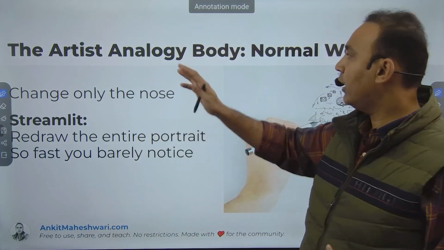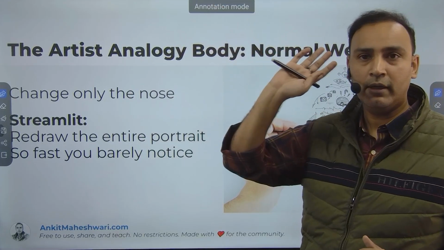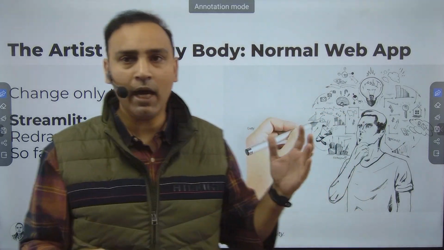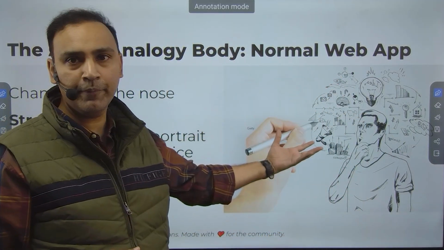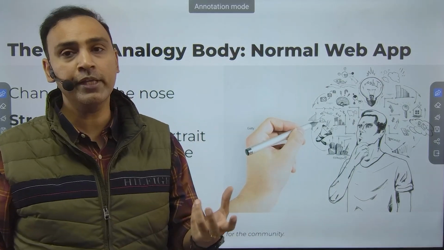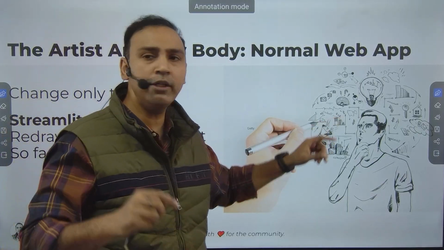And I can give you an analogy. Imagine an artist drawing your portrait. Let's say in a normal web app, the artist draws your face once, right? You say, make my nose bigger. The artist will change only the nose, right?